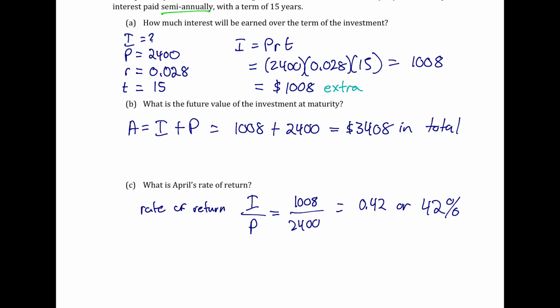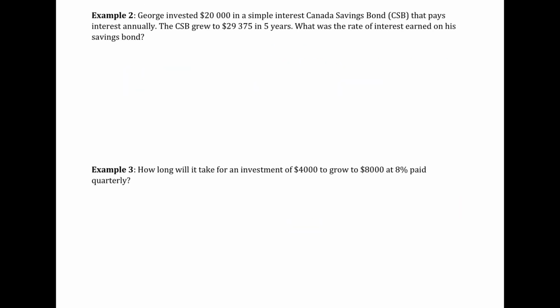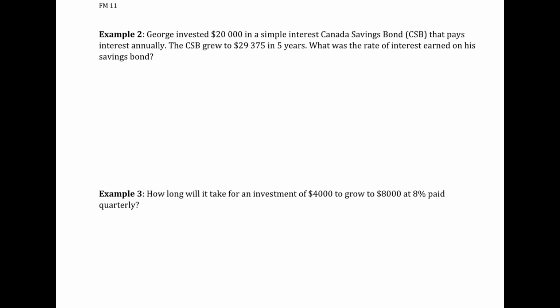So just multiplying there. The cool thing is just that's what the rate of return actually means. And that's the 42% rate of return. We're just going to write down all the things we don't know. We're going to go like this, just I, P, R, and T. And I just want to know if I know any of these numbers.